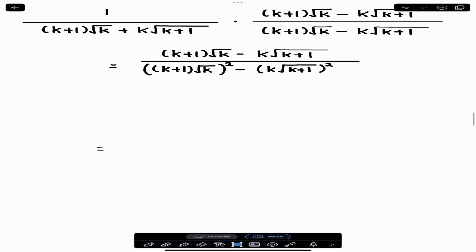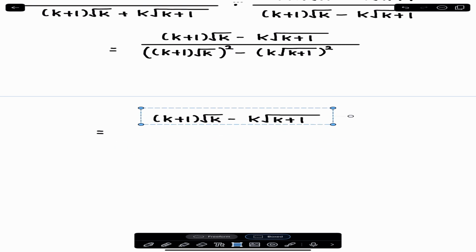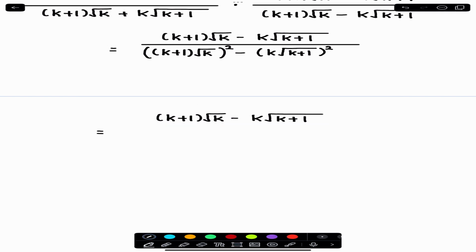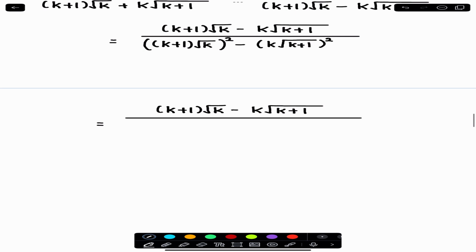So this ends up being, let's see, we're going to square everything. So that's k plus 1 squared. Square root of k squared is just k. And then we're going to be taking away k squared times k plus 1.